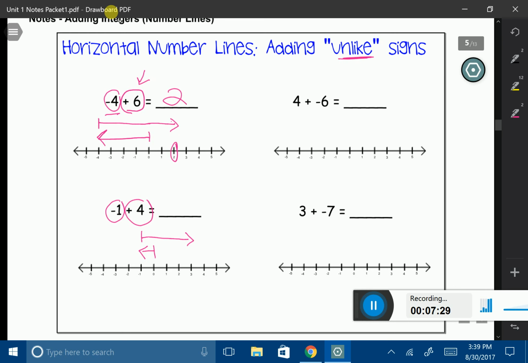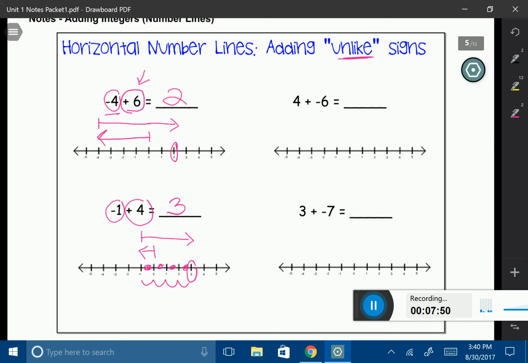So it's 1 space, 2 spaces, 3 spaces, 4 spaces to give me my answer of 3. Negative 1 plus 4 equals 3. So I moved up 1 space, and then I added 3 more spaces when I added that 4 total.